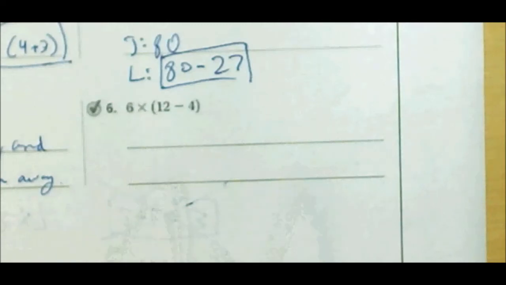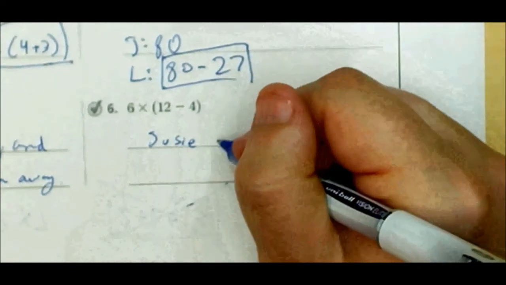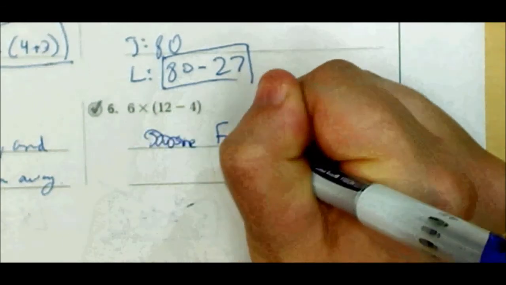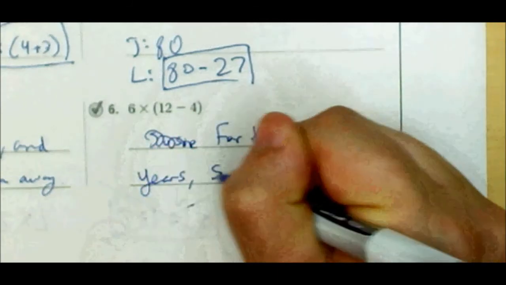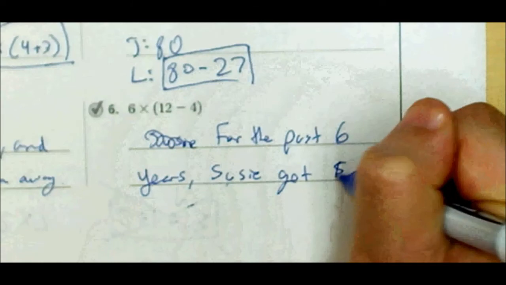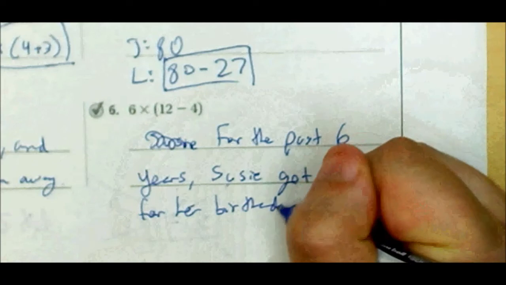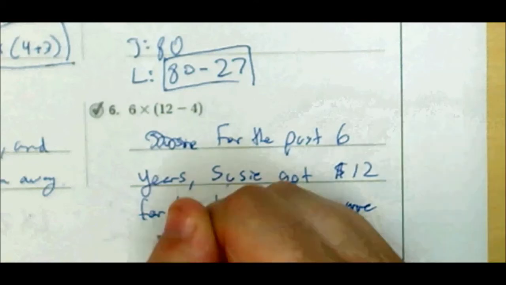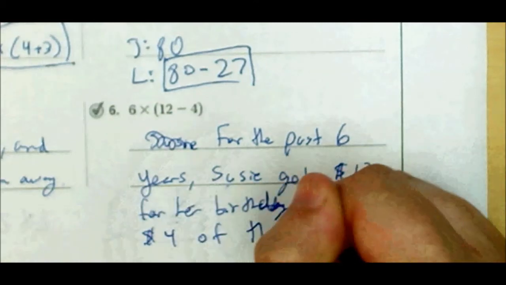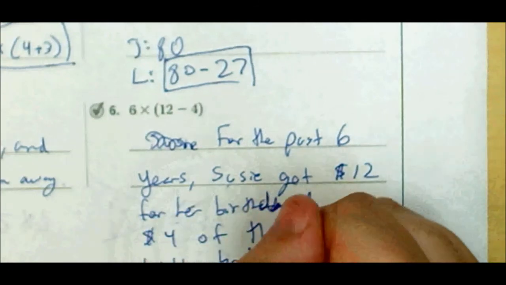So let's say for the past 6 years, Susie got $12 for her birthday, and gave $4 of that to her little brother.